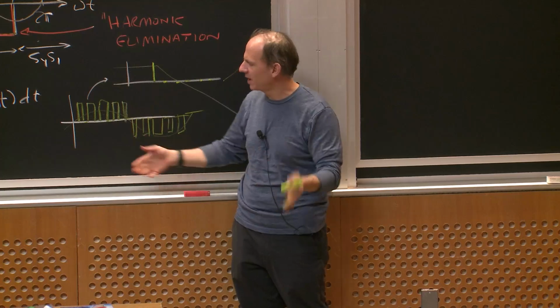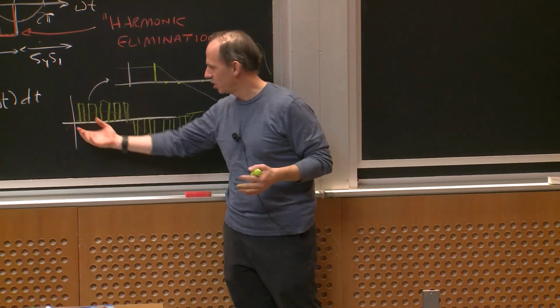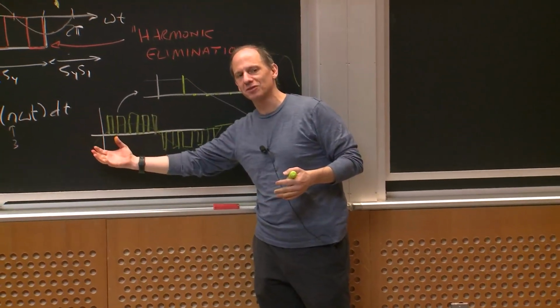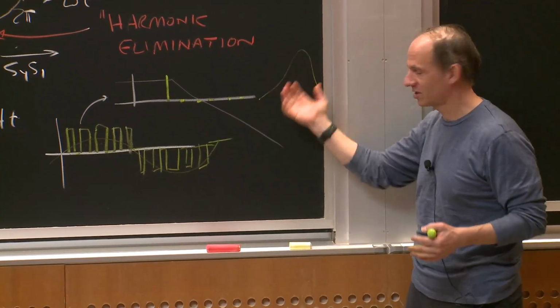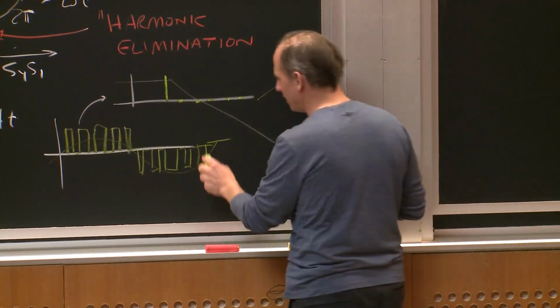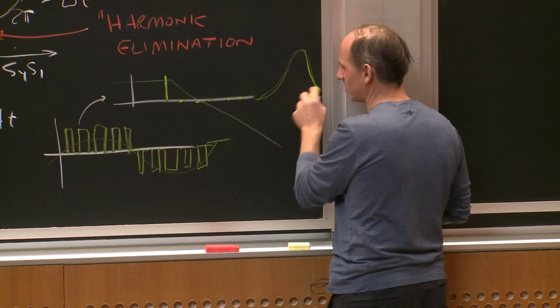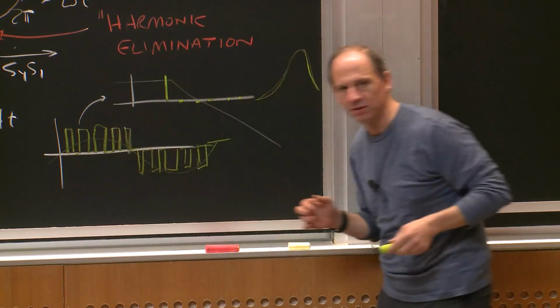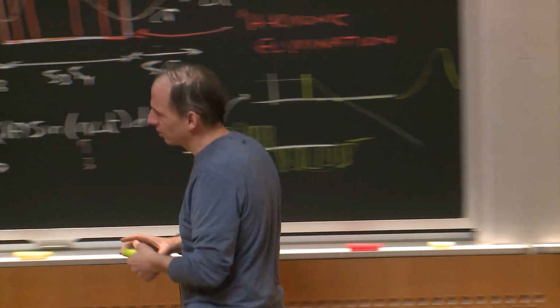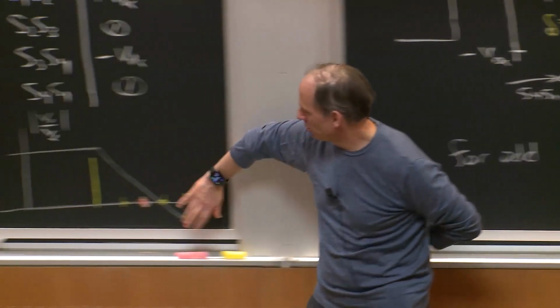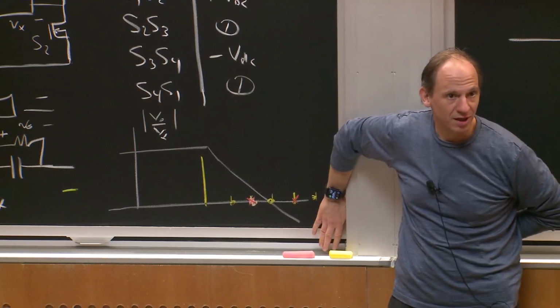And depending upon what angles you choose to kill off your low order harmonics, you will end up with more or less stuff at high frequencies. But undoubtedly, you're going to get more high frequency stuff because you've got a lot of switching going on, right? The thing about that is if I think about a low pass filter, it's easy for me to murder the high frequencies in a cutoff.